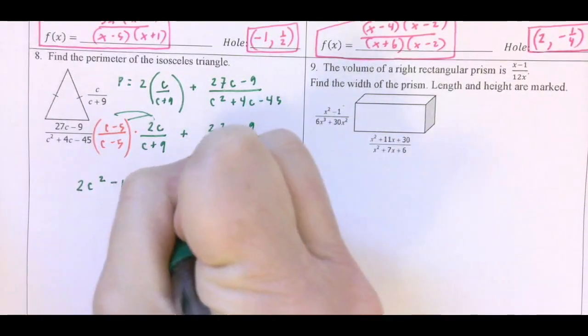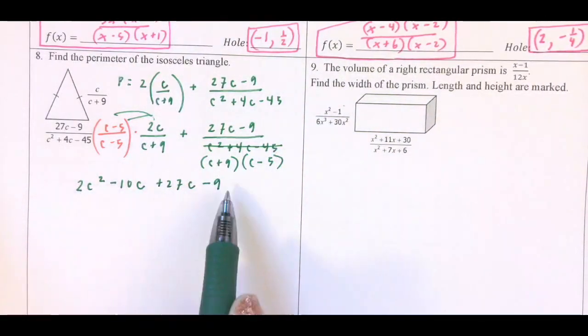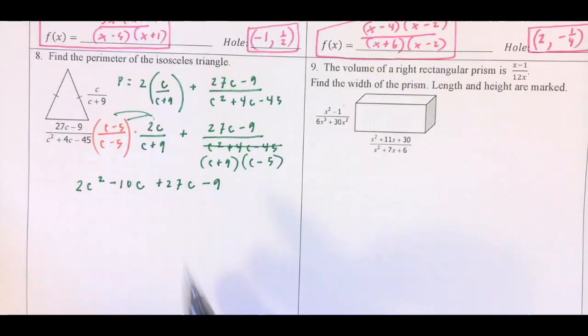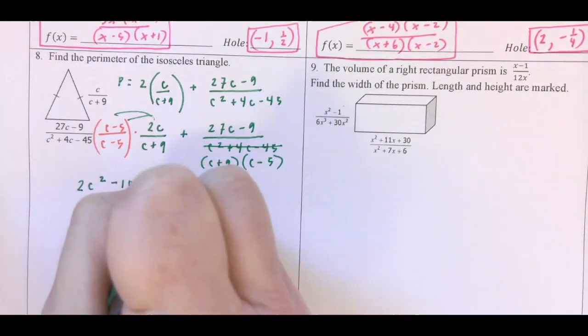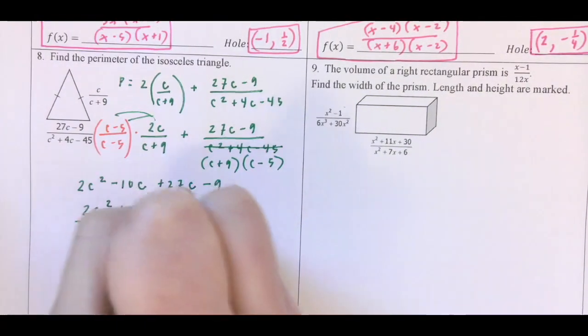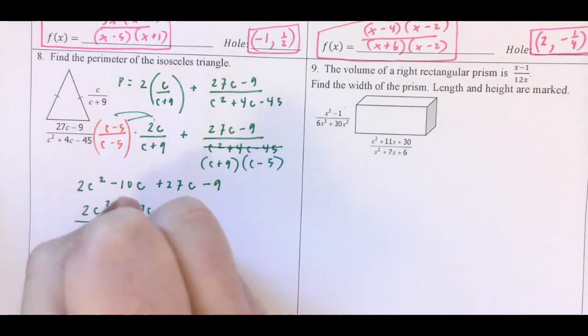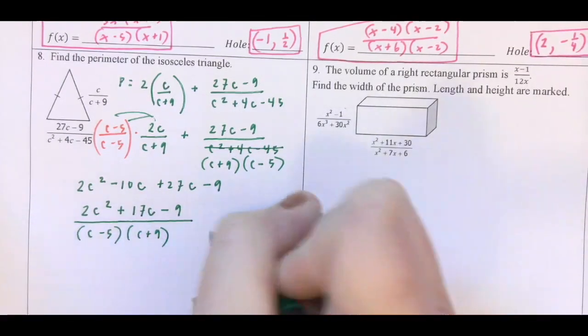And then over here, I have 27c minus 9. Let me go ahead and clean that up before I put the denominator back in. So I have 2c squared plus 17c minus 9 all over c minus 5 times c plus 9.